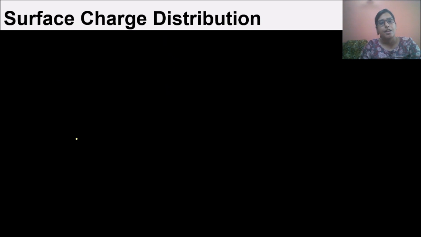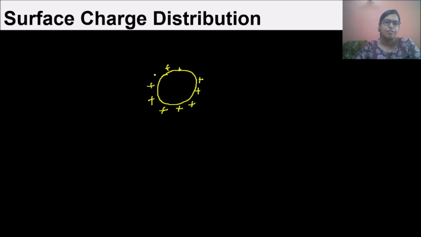Right? Now the surface charge distribution. Suppose there is a surface, suppose there is a sphere, and there is a charge distributed on the surface of a sphere, and that is uniformly distributed. Then the surface charge distribution, which is denoted by sigma, the surface charge density, sigma is Q upon the area of this sphere, if the total charge is Q. There can be a sheet also.